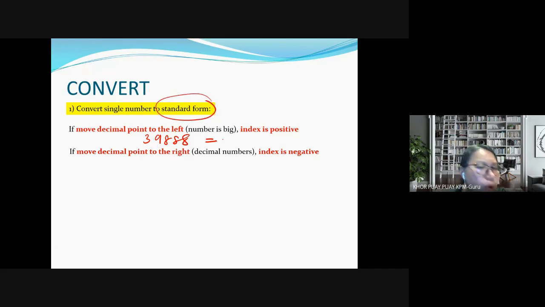What do you mean by standard form? Standard form means I must have a number times 10 power of something. So how do I go about it? You move the decimal point to the front, 1, 2, 3, 4, you stop, and you will get 3.9888 times 10 power of how many times you moved. You already jumped 1, 2, 3, 4, so you put positive 4. That's why your index must be positive.